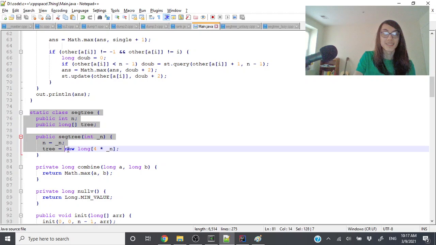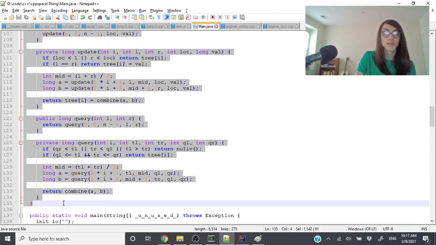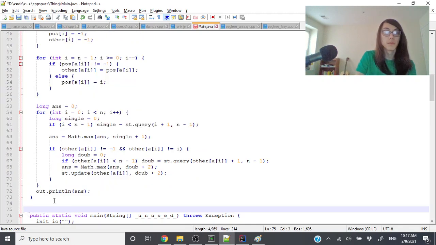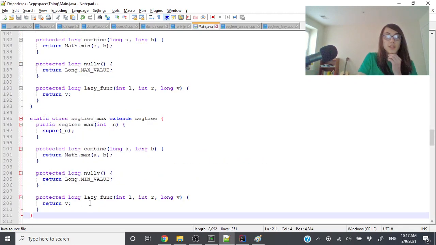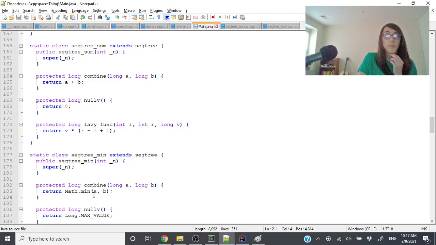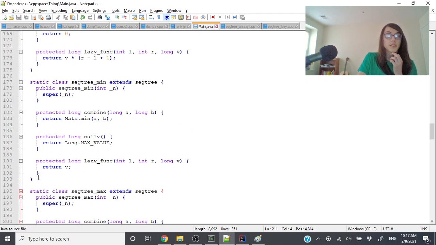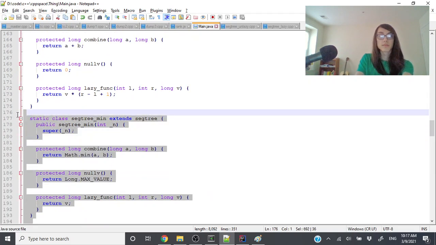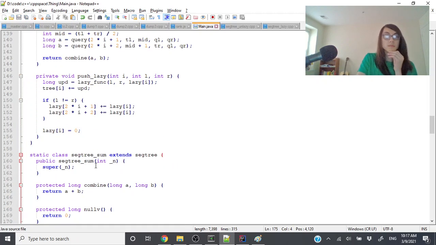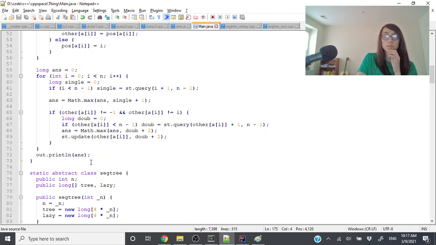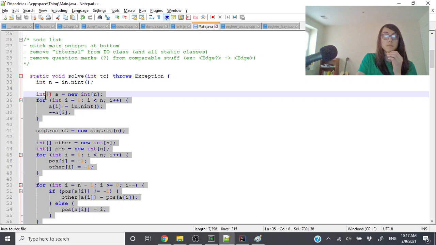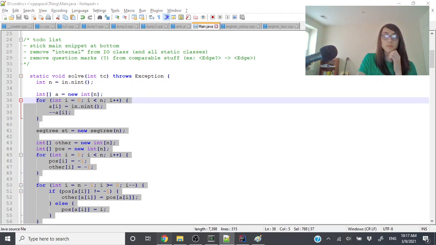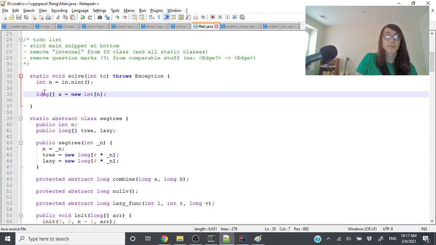We need a segment tree with lazy prop this time. So that's cool. And I need a max query. No, I need a sum query. Let's see, this can be long now, because why not?